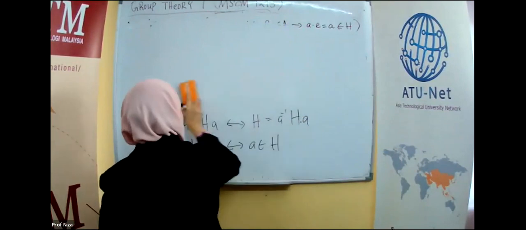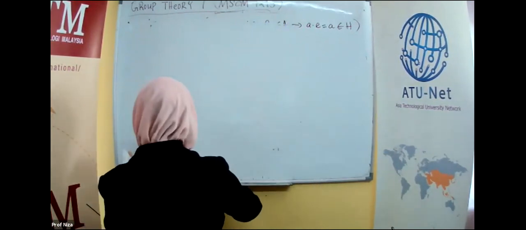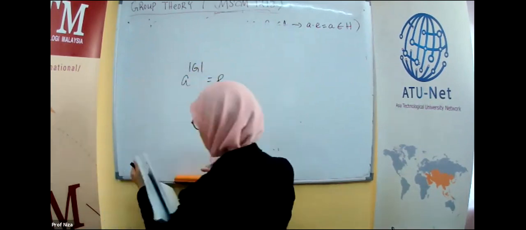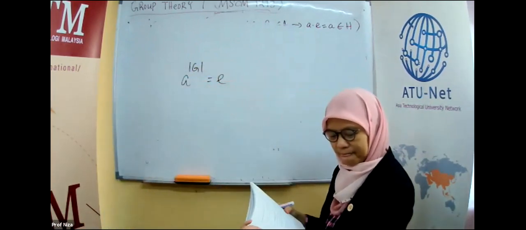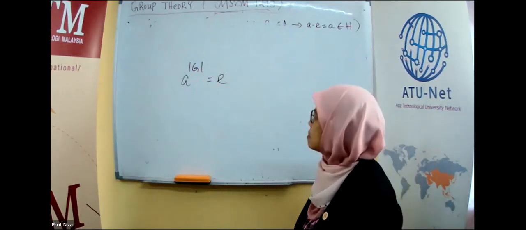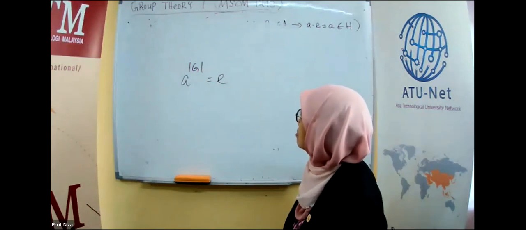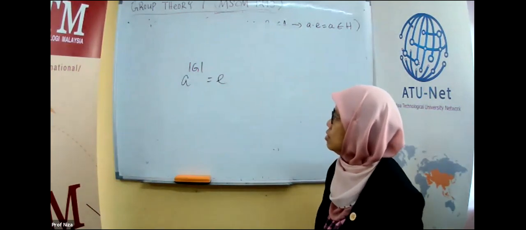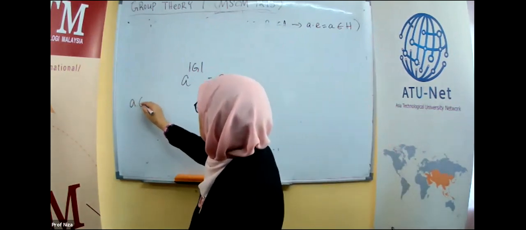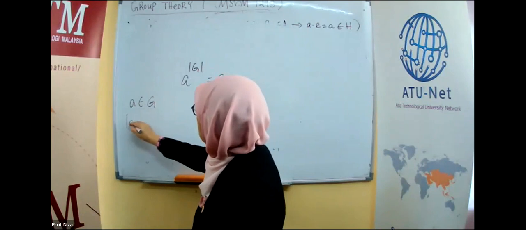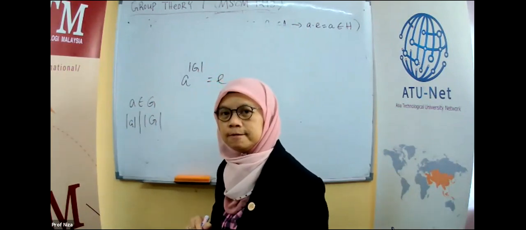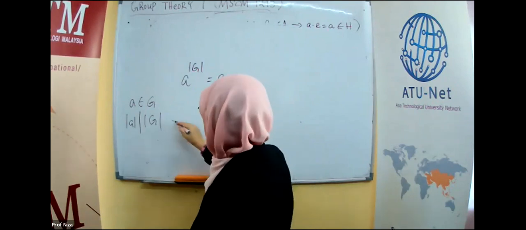This is actually because of Lagrange's theorem we have this: A to the order of G is E. How do you prove this? A to the order of G is always E. If A is an element of G, the order of A always divides the order of G. What does it mean?